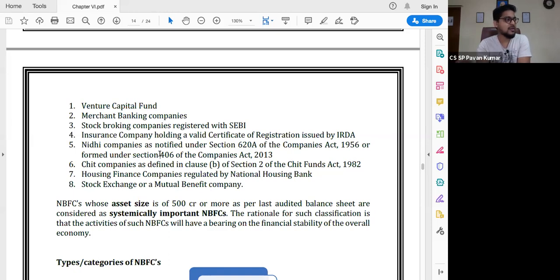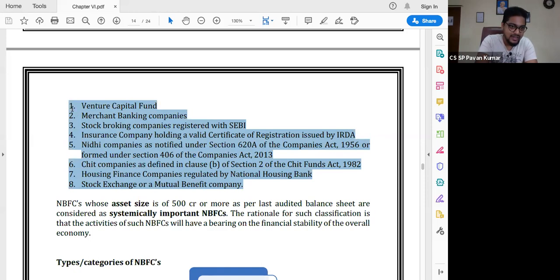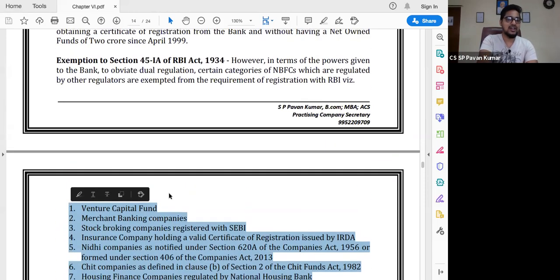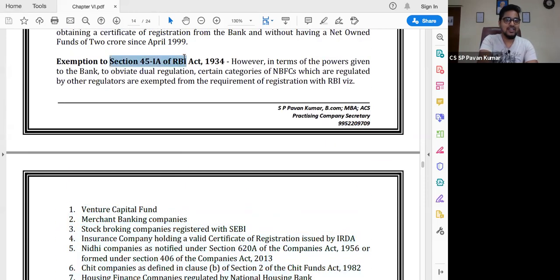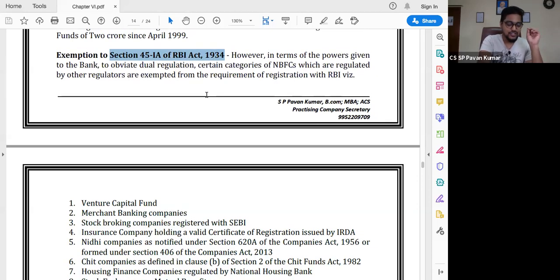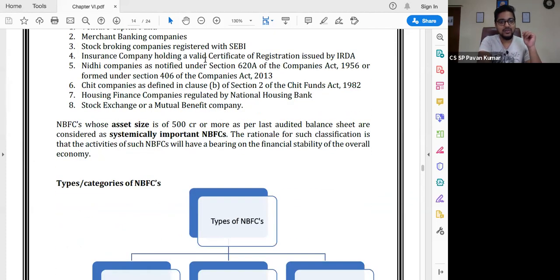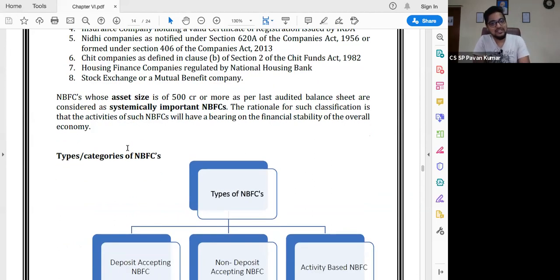Since it is regulated by someone else, these types of companies are not required to get registration under section 45IA of the RBI Act. All other types of NBFC companies should get a license under section 45IA of the RBI Act 1934 before they do NBFC activity.